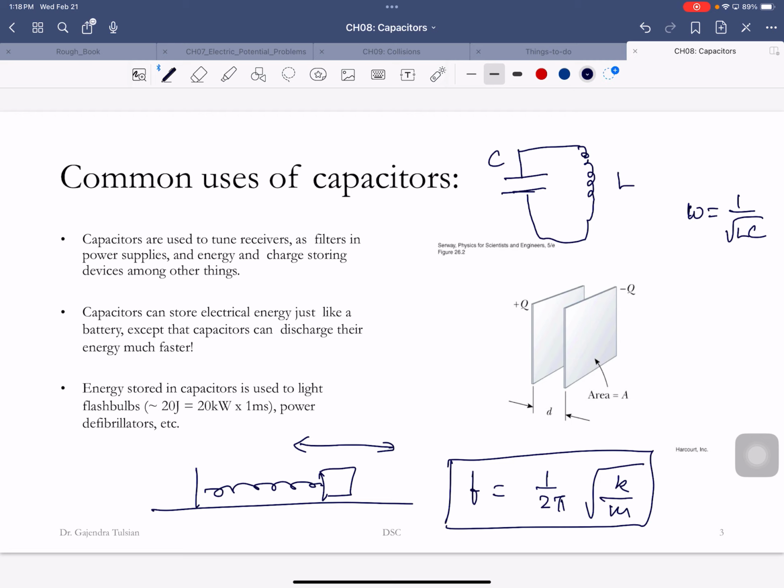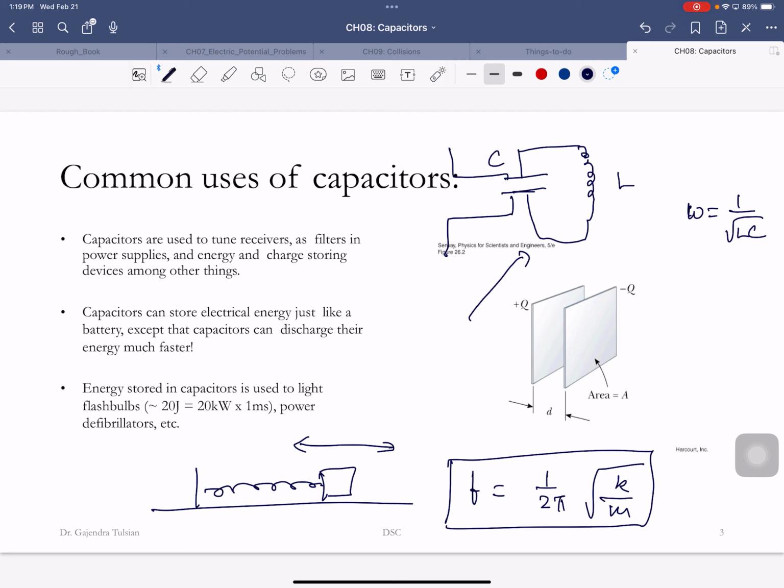So here's the deal. This is how all wireless devices talk. Do you have any wireless device? Your phones, your radios. At the heart of every wireless device is this tuning circuit.